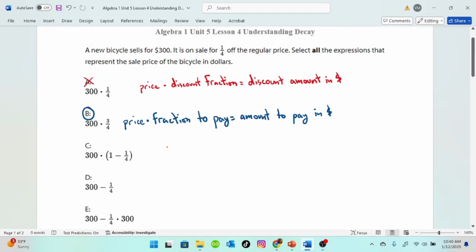So now let's look at C. Again, we have 300, which is the price. Then it says times 1 minus 1/4.